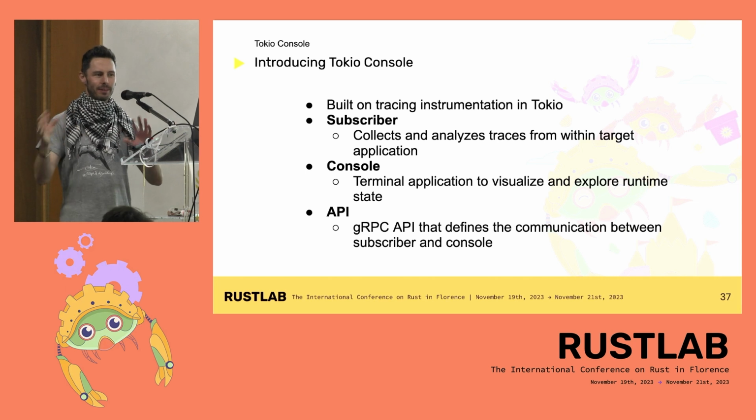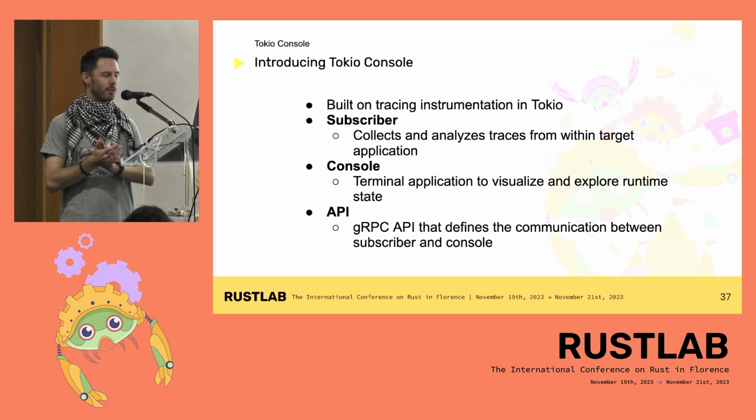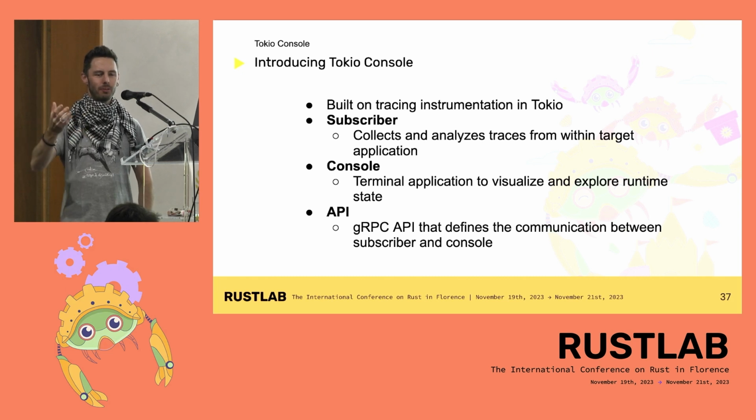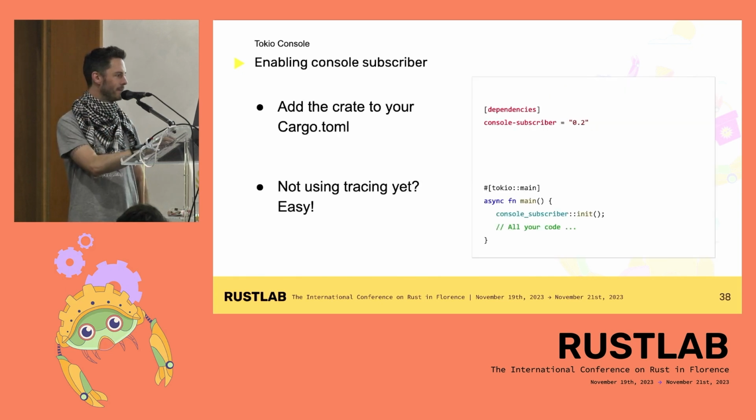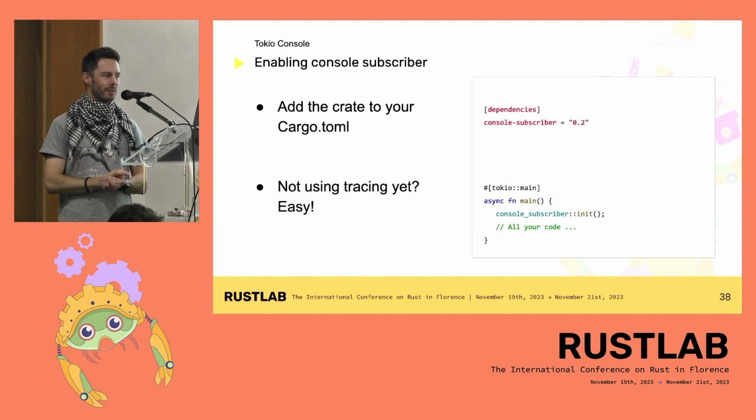And then there's the API, which allows them to communicate. There's a gRPC API, which defines the communication between the subscriber and the console itself. So when your application starts up instrumented with console subscriber, it will be listening on a port for gRPC and going from there.